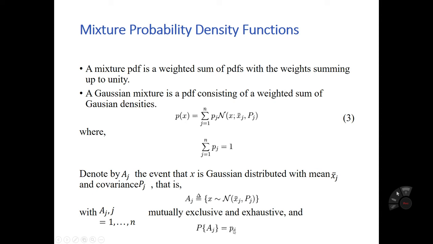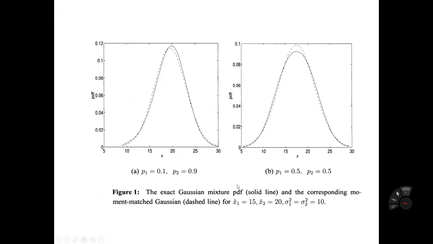Here P1 is 0.1 and P2 is 0.9, and here P1 is 0.5 and P2 is 0.5.